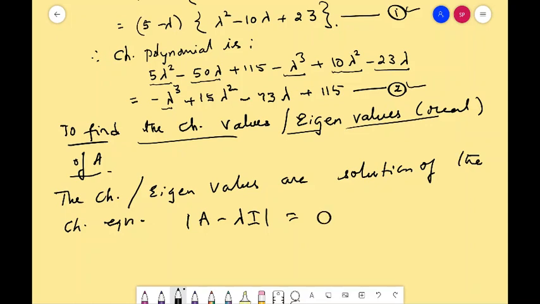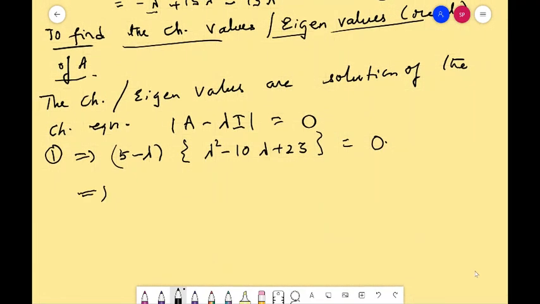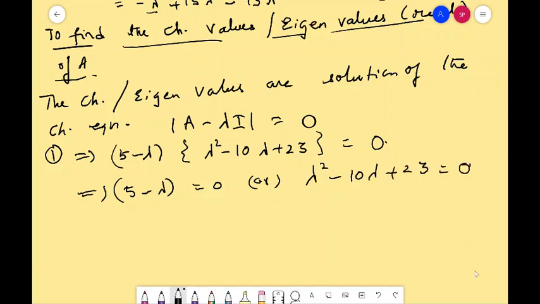So I will consider 1 because it is in the factorized form; 2 would again need factorizing. So this will be (5 minus lambda) into (lambda square minus 10 lambda plus 23) is equal to 0. That implies 5 minus lambda is equal to 0, or lambda square minus 10 lambda plus 23 is equal to 0.